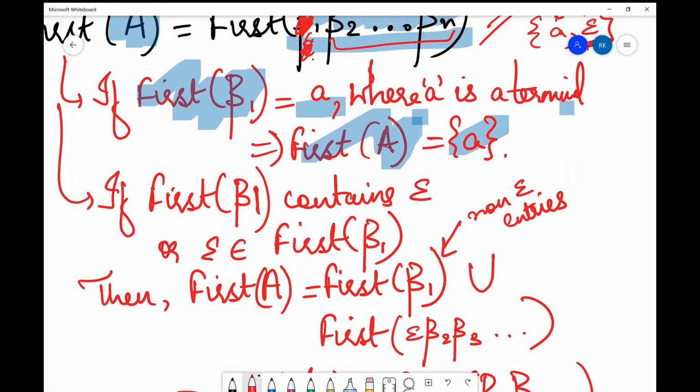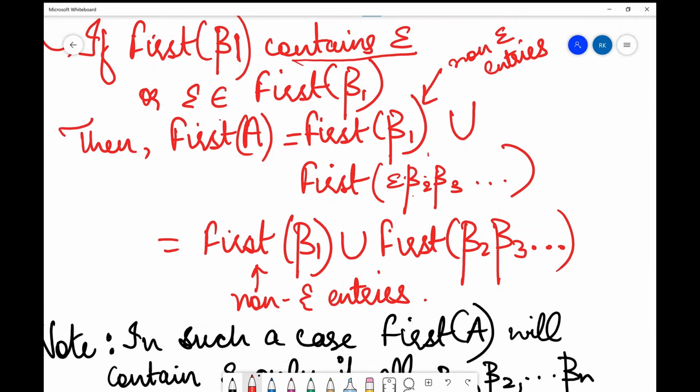If first of beta 1 contains epsilon, or epsilon belongs to this, then first of A is equal to first of beta 1 non-epsilon entries union first of epsilon dot beta 2 dot beta 3, so on, which is equal to first of beta 1 non-epsilon entries, union first of beta 2 beta 3, so on.